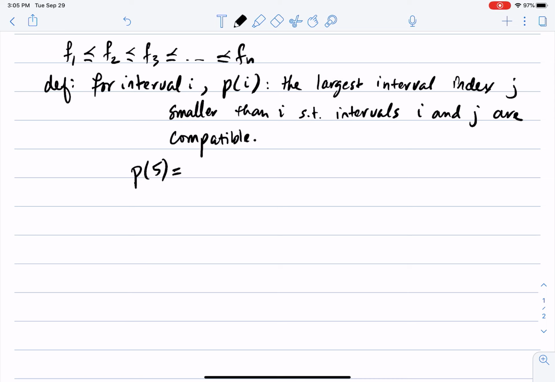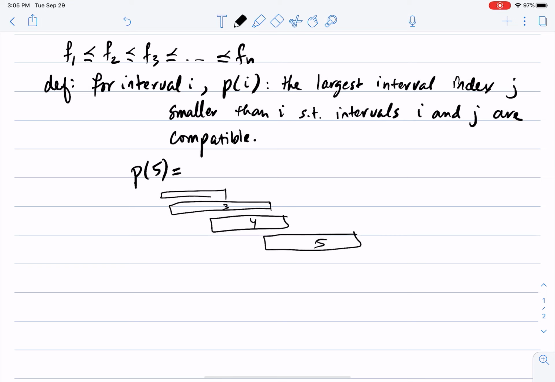Imagine that this is interval 5, and this is 4, and this is 3, and then we have 2 here, and we have 1.